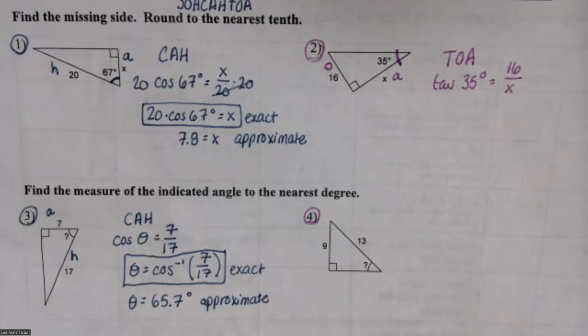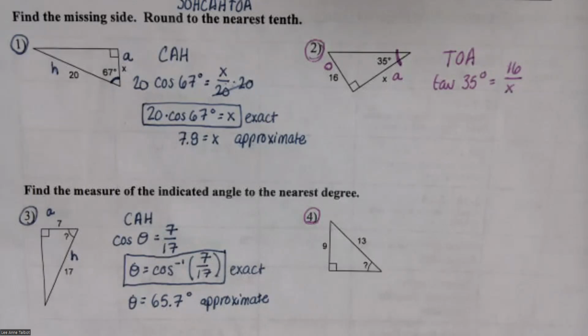Another way is to multiply both sides by x and then divide by tan 35. Other people just had their students memorize that if x is on the bottom, then you do 16 divided by instead of 16 times. I don't care which one of those you do.